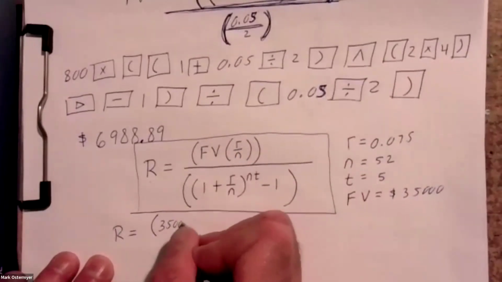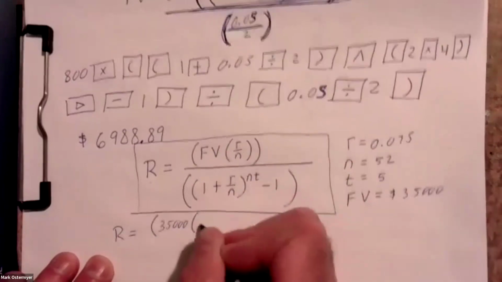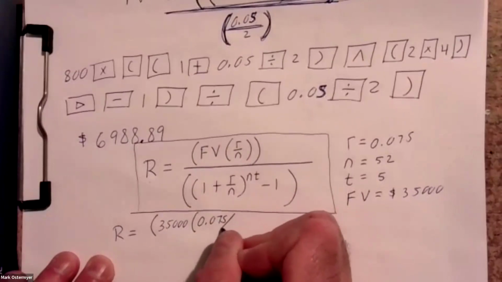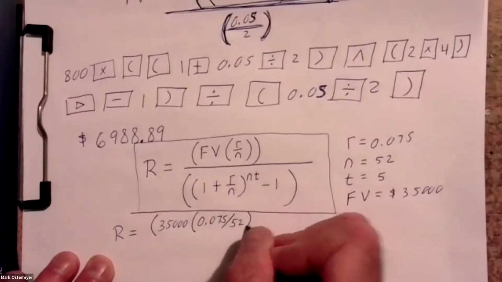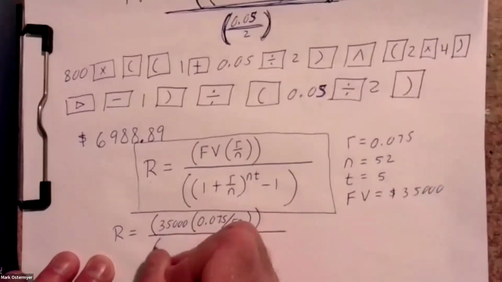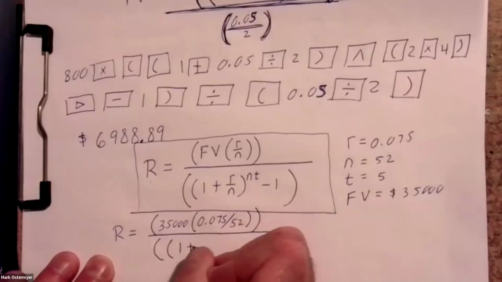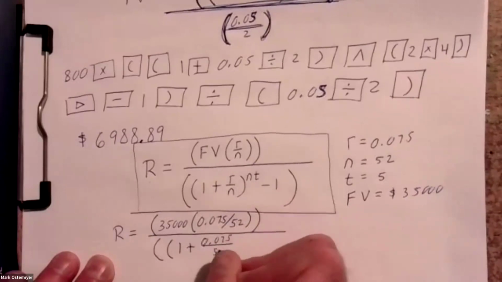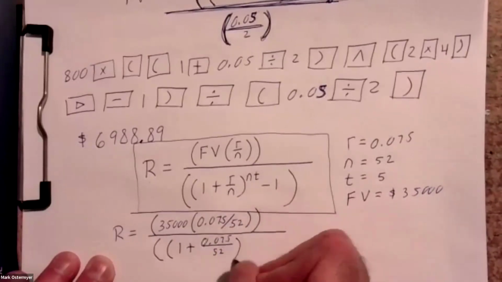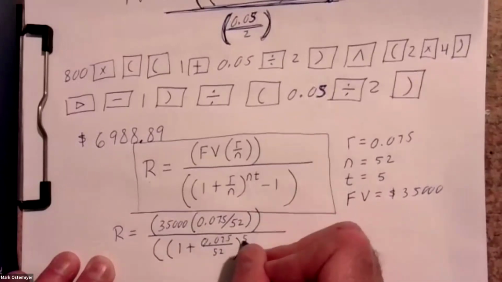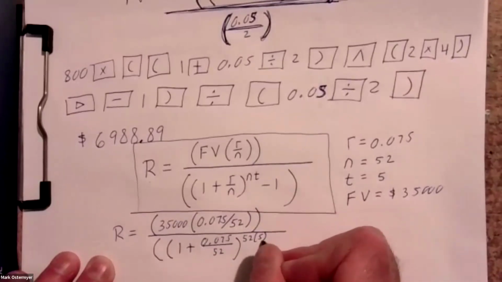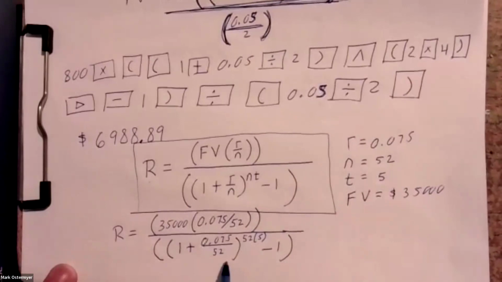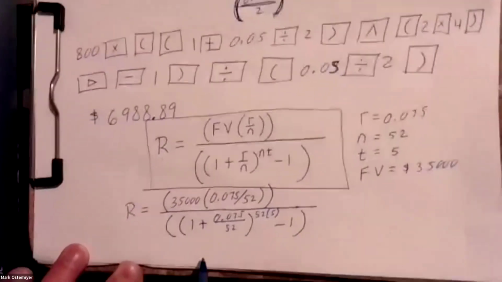So we have 35,000 times open parenthesis 0.075 divided by n, which is 52, close parenthesis, divided by open parenthesis, 1 plus r over n, which is 0.075 over 52, raised to the nt power, which is the 52 times 5 power, and minus the 1. Don't forget that minus 1 there. Okay, see if you can get on your calculator and dial this up. Ladies and gentlemen, how would you do that?